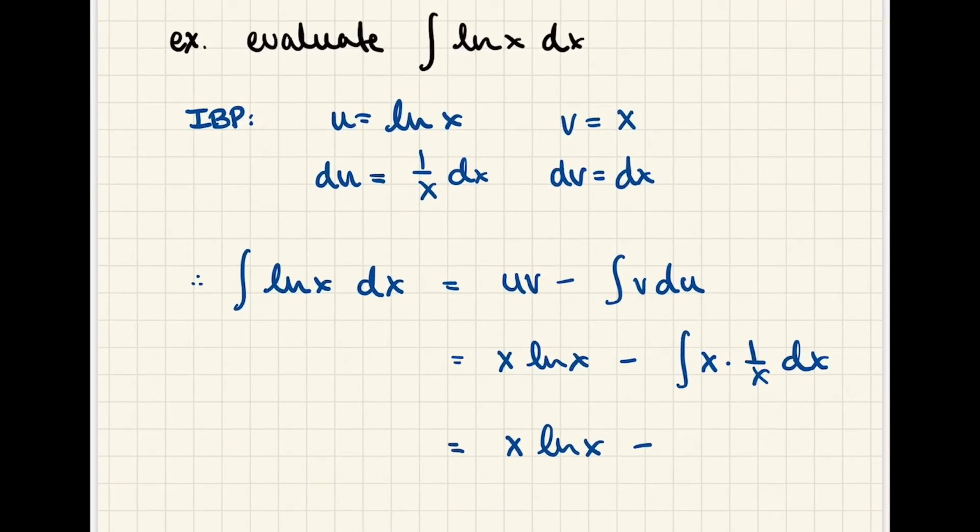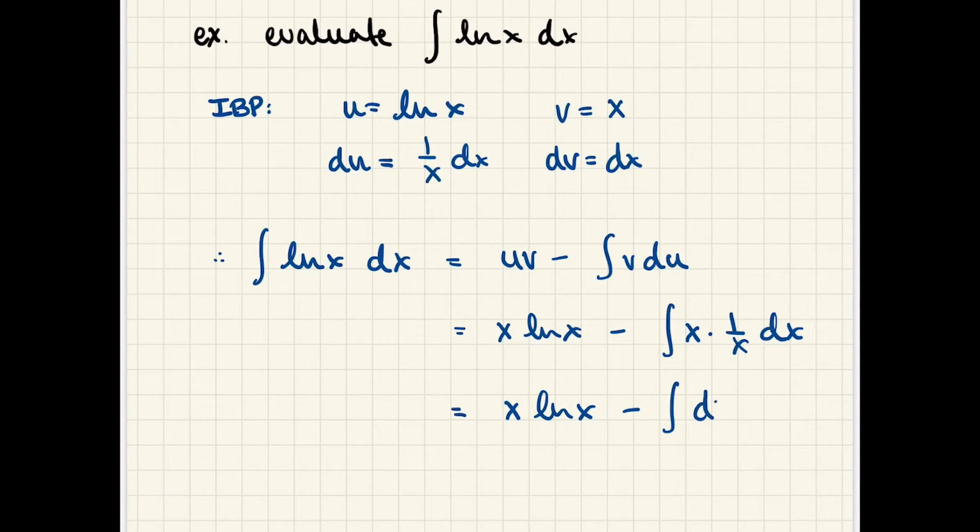Okay. Well, of course, that integral is just the antiderivative of 1. So we get x ln x minus the antiderivative of 1, which is x. And let's throw our constant in, because that was our last integral. And there we are. So the antiderivative of natural log is x ln x minus x.